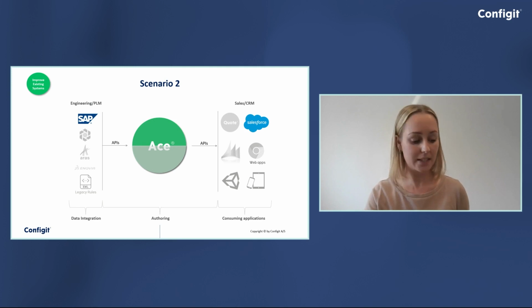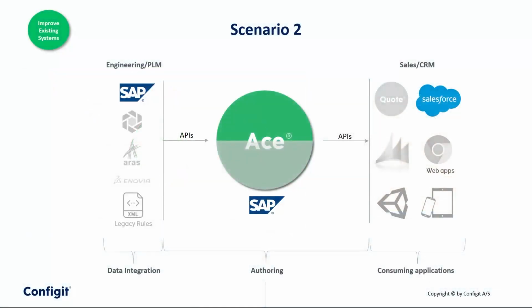So we are basically taking the SAP models and using the platform APIs to make these available inside of Salesforce CPQ. So this is a way that you can make sure that you have valid and up-to-date configuration information inside of Salesforce CPQ by using the platform API.